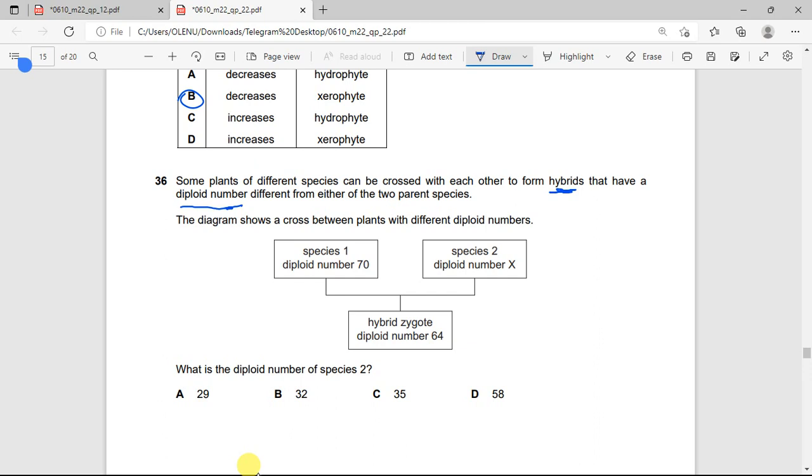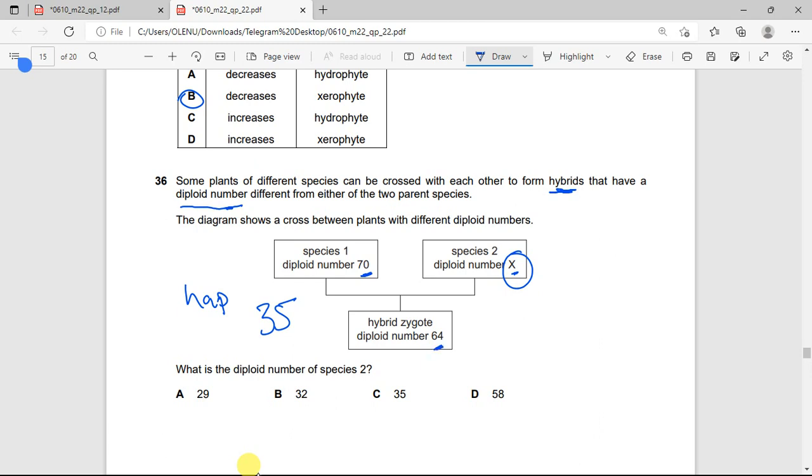The diagram shows a cross between plants with different diploid numbers. Species 1 diploid number is 70, species 2 diploid number is X. For the hybrid zygote, if the diploid number here is 70, to form a nucleus it needs to become haploid, so the haploid number will be 35. Here we don't know what X is.